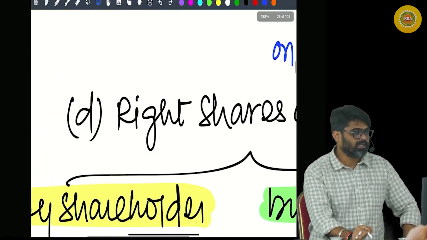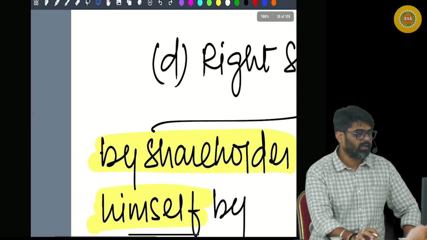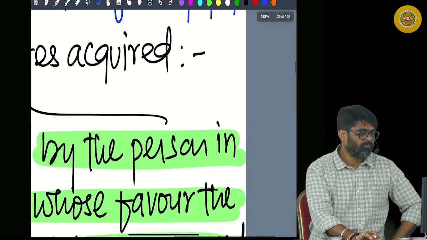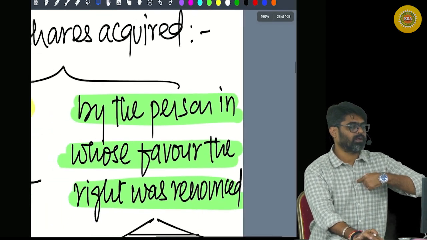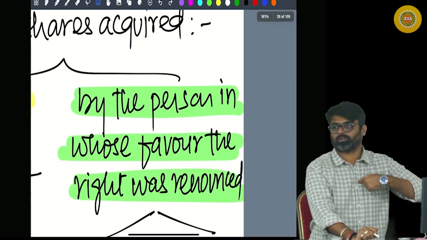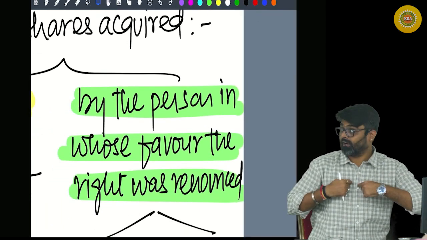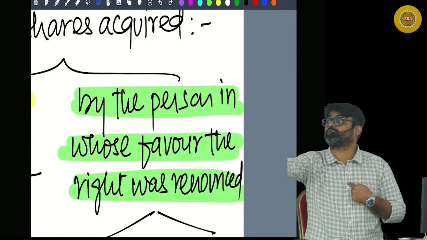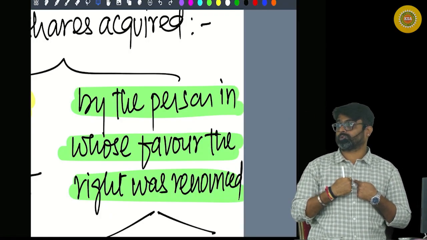Now tell me, the right shares are acquired by you or by the person in whose favor the right was renounced? Can I acquire these right shares? Because I am the person in whose favor the right was renounced.